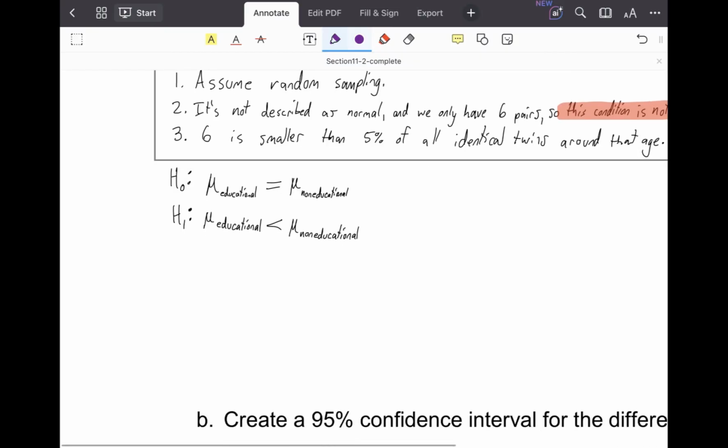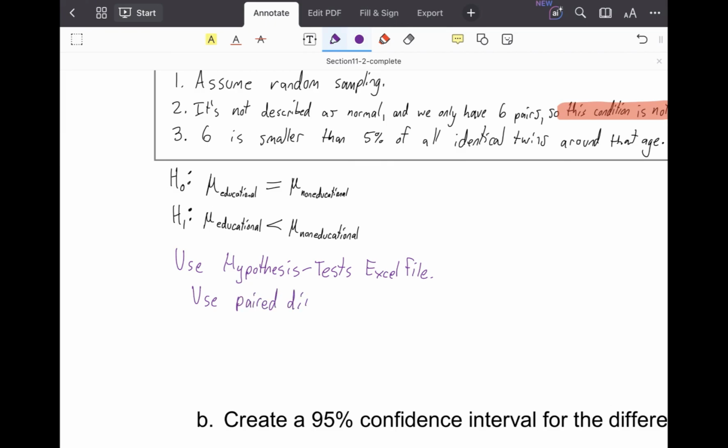Okay, so now for this one, we want to use the hypothesis test Excel file, and we want to use the paired difference of means sheet. And we have data, so we're going to use the right side.